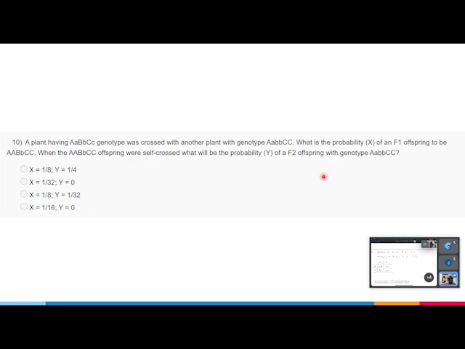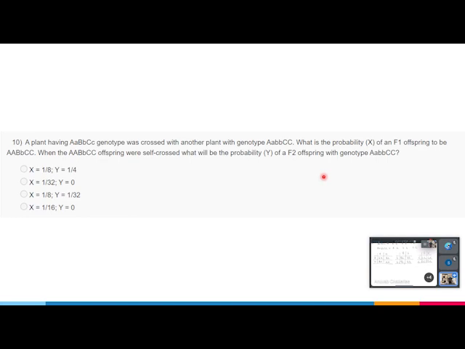Similarly, the second cross will be capital B, small b, capital B, small b, and the final will be capital C, small c, capital C, small c.